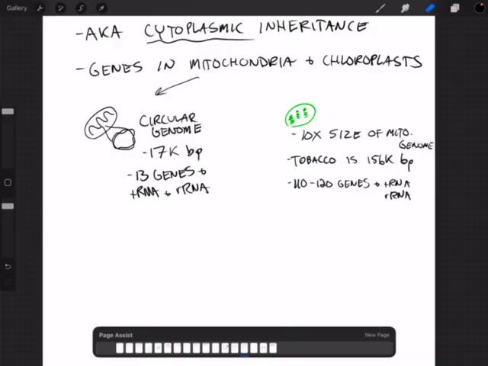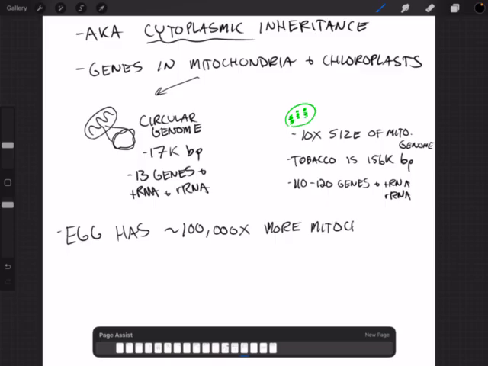Now, as far as inheritance is concerned, there's a couple things to keep in mind. One is that the egg has around 100,000 times more mitochondria than sperm.